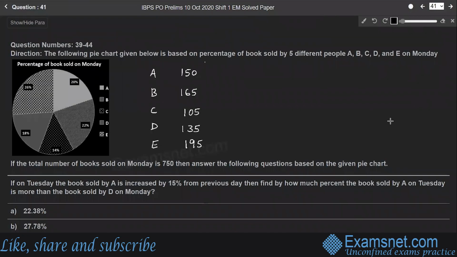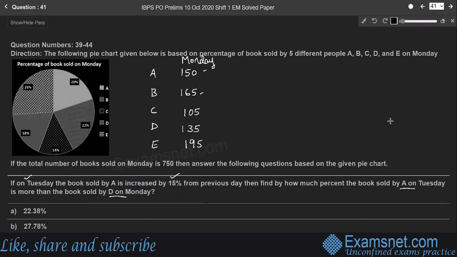Question 41. If on Tuesday the book sold by A is increased by 15% from previous day, then find by how much percent the book sold by A on Tuesday is more than the book sold by D on Monday. Here, these are the books 150, 165, 105, 135 and 195 sold on Monday according to the given data, right?